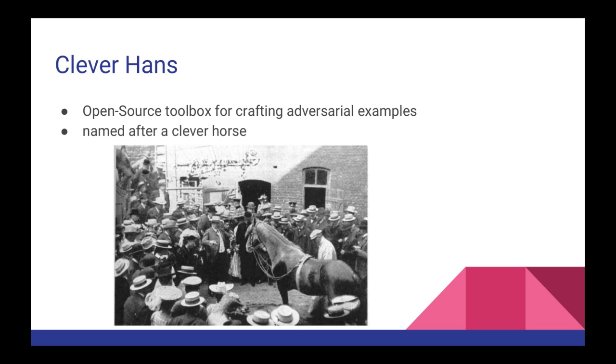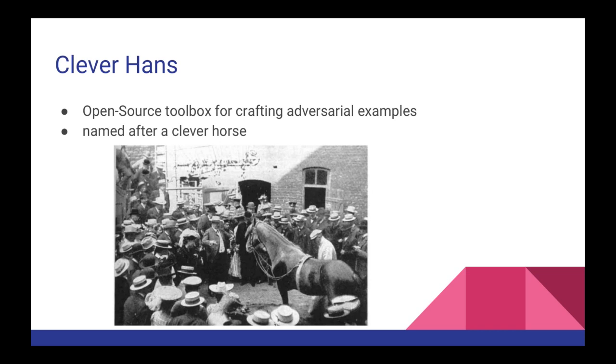So Hans was a show horse in Germany, which the owner of Hans claimed was capable of doing algebra. So people came to the show put up by Hans's owner, and they gave the horse very simple algebraic problems, like what's 1 plus 2, and Hans stomped his foot 3 times, 1, 2, 3.